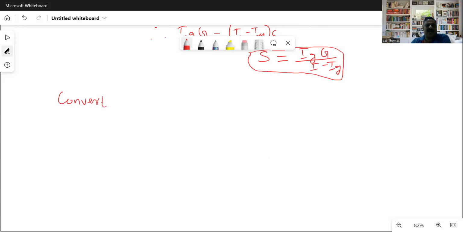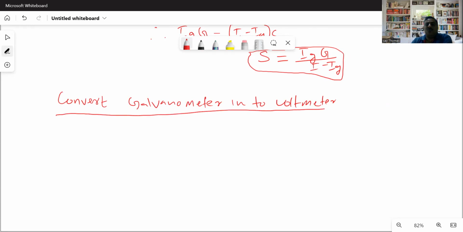Now, how to convert a galvanometer into a voltmeter. A galvanometer can be converted into a voltmeter by connecting a high resistance in series with it.